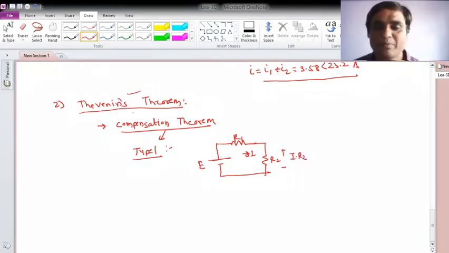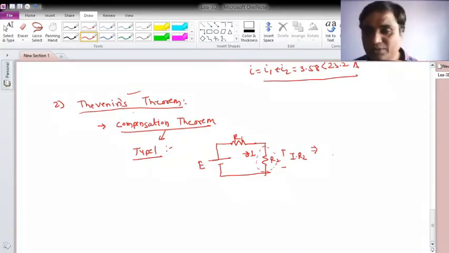So what the compensation theorem says is that any element in the network, suppose R2, can be replaced by a voltage source or current source, or let me replace it by a voltage source. Then what will be the value of that voltage source? That value will be the drop across R2.